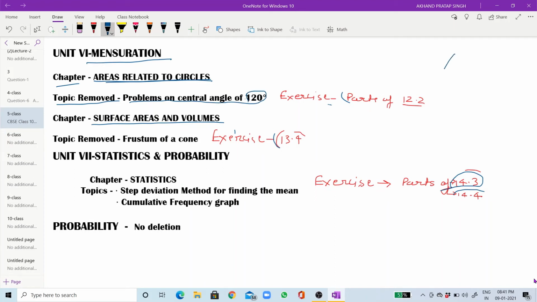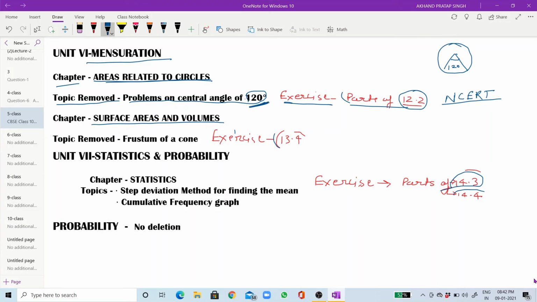So that type of problem, the central angle 120 degree, will be removed. And if you look at NCERT, then some part of exercise 12.2 of NCERT will be removed. So you do not need to solve some part of exercise 12.2 and central angle of 120 degree problems.